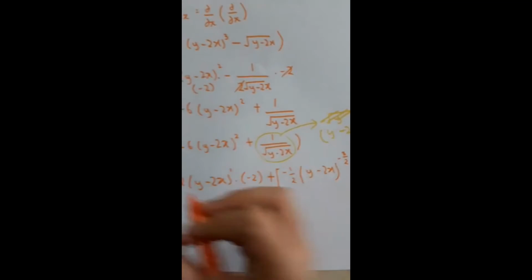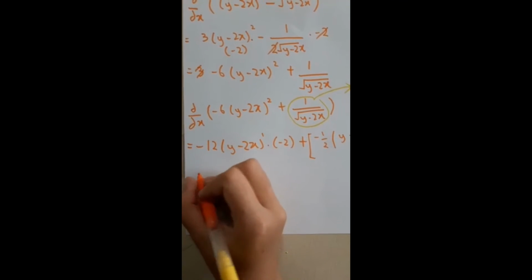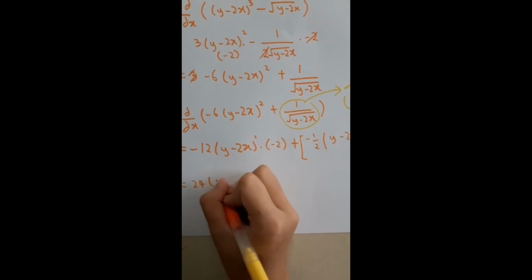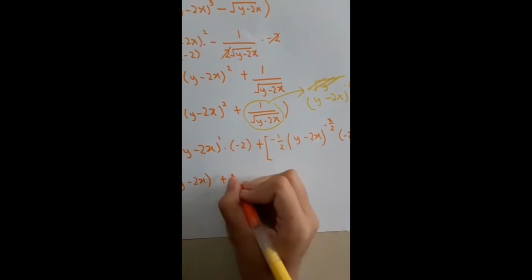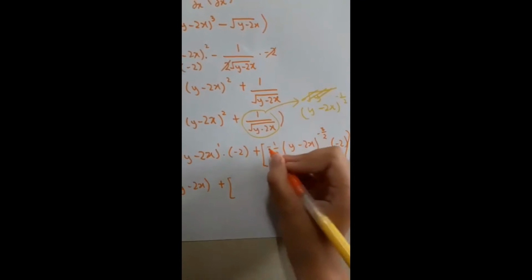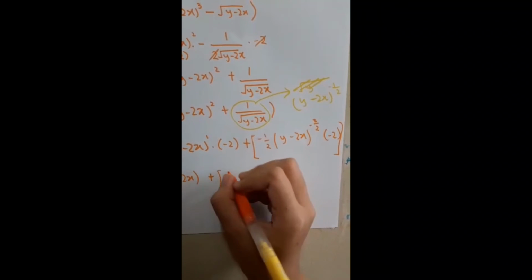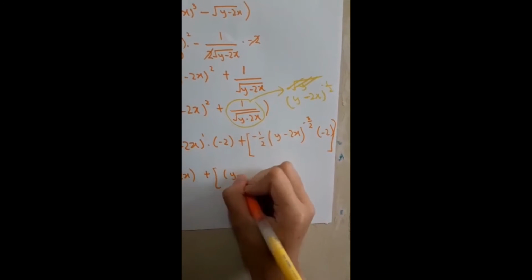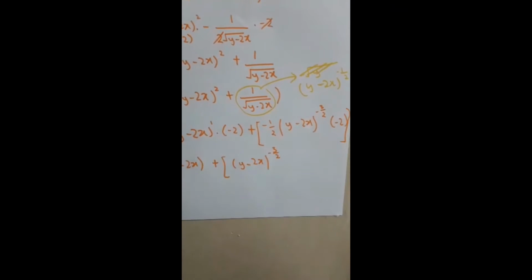Okay, so we simplify this function. 24(y minus 2x) plus, negative times negative is positive, so (y minus 2x) to the power of negative 3 over 2.